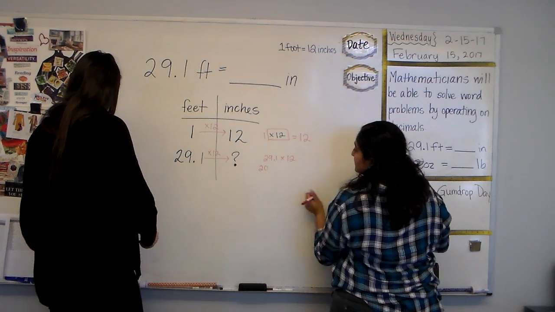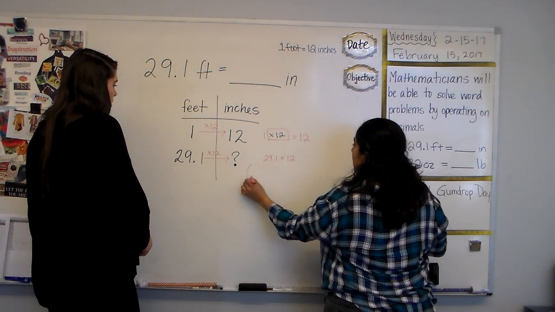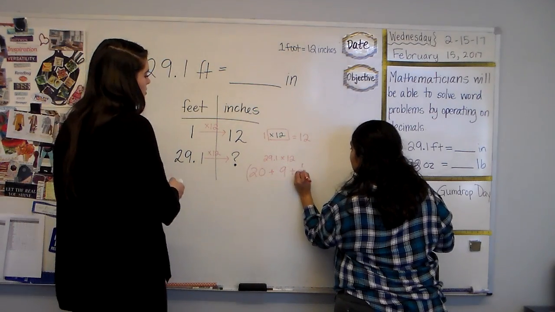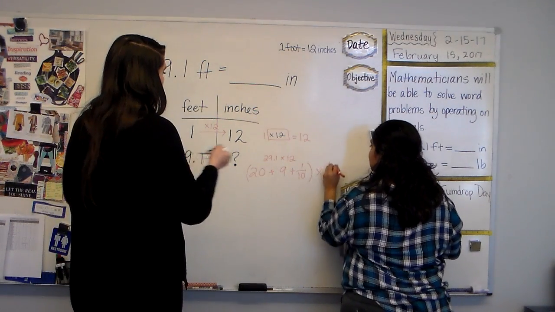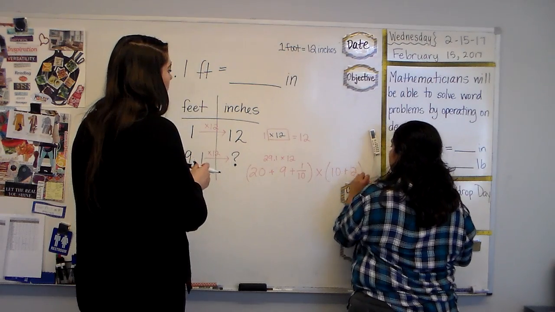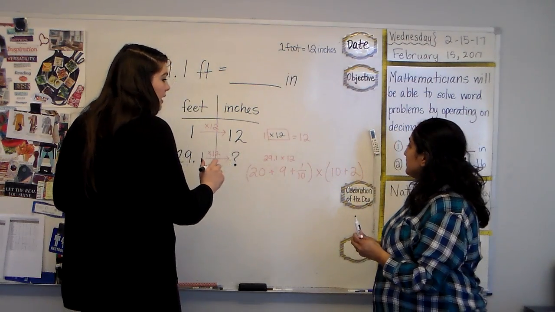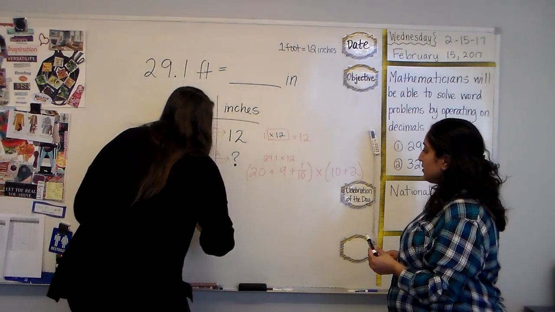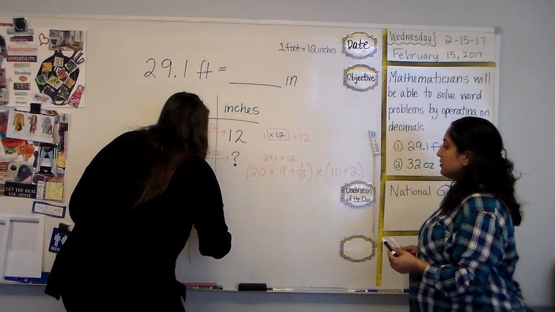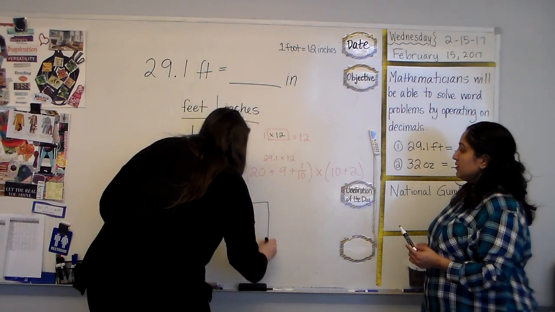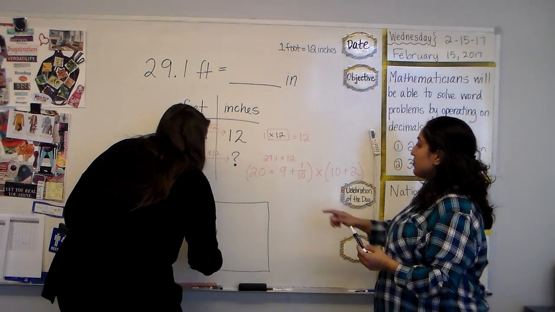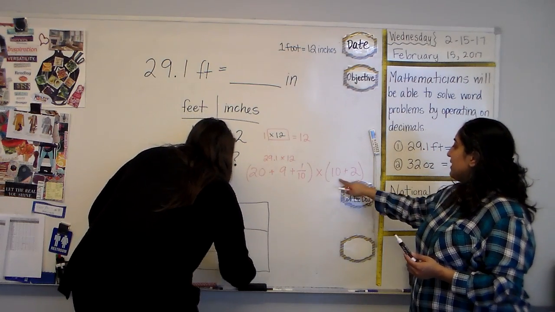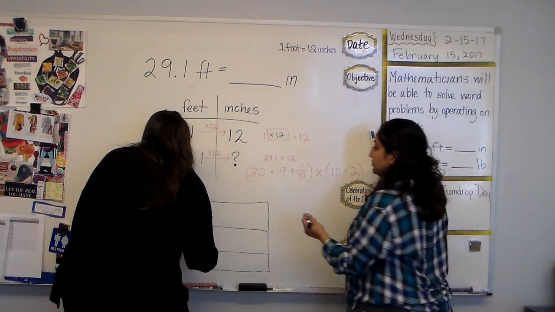So I'll rewrite this, I'll write it a little bit larger as 20 plus 9 plus 1/10 times 10 plus 2. And I could use a place value chart if I need to. We can set up an area model. We're not going to solve, but it would look something like this. Where we'll represent 20 plus 9 plus 1/10 and multiply that by 10 plus 2.